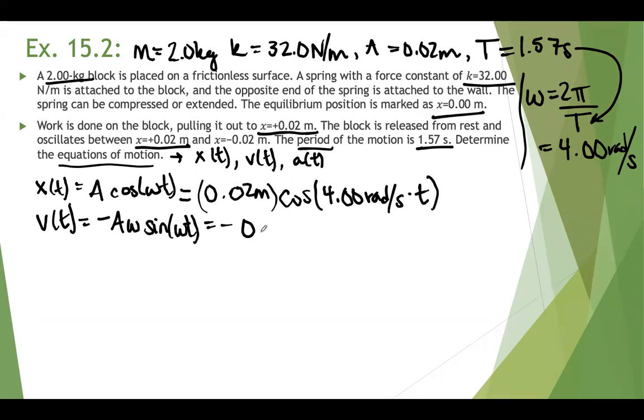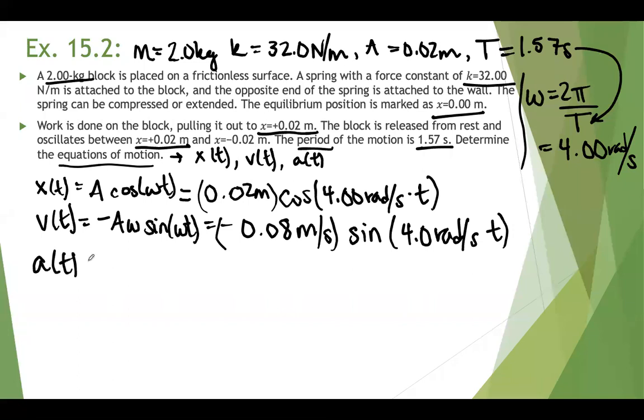And I get 0.08. And this should be in meters per second. So we've got radians per second times meters. Yep, meters per second times sine of 4.0 radians per second times t.